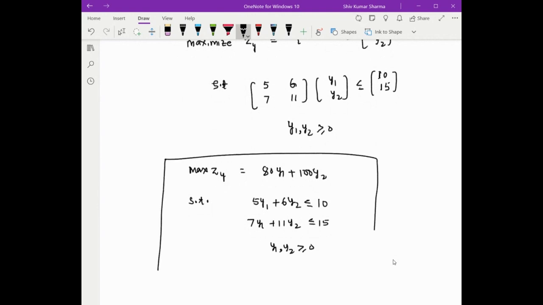Such a type of problem is known as the dual of the given problem.